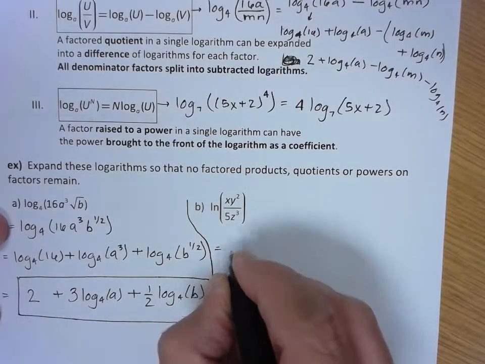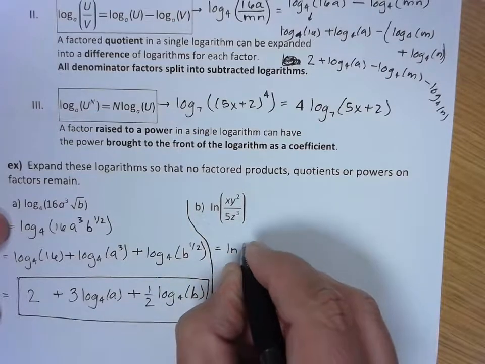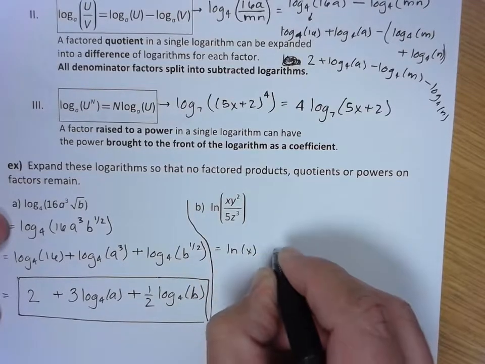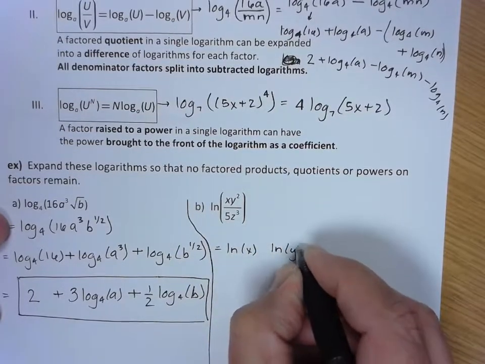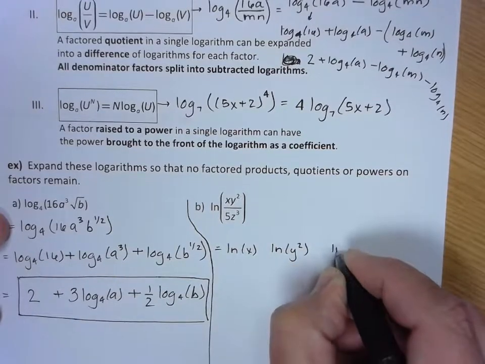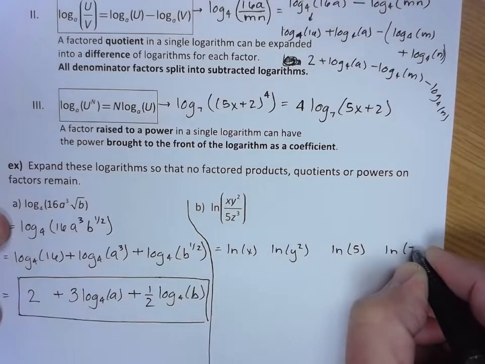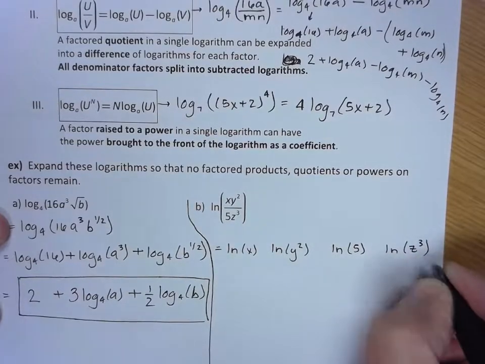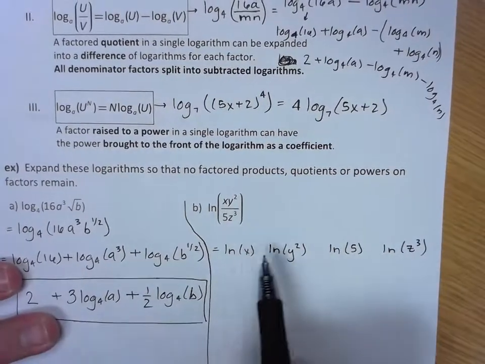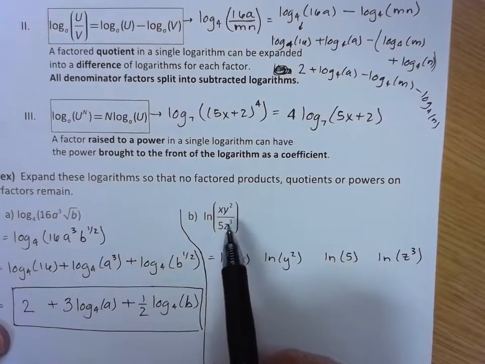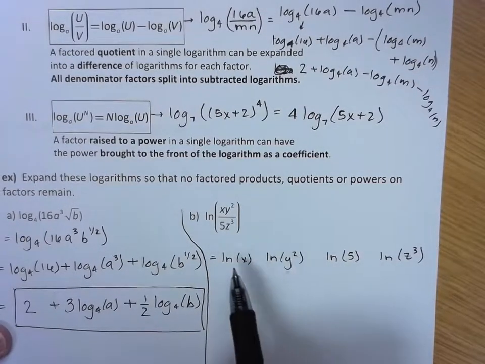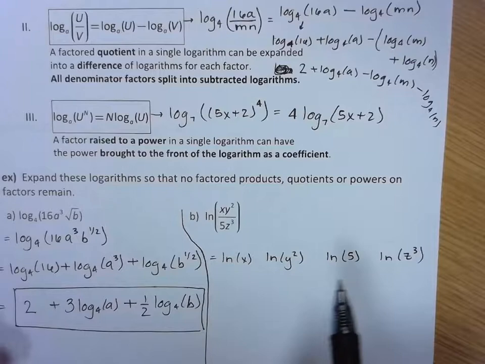So I'm going to need a natural log for the x, a natural log for the y squared, a natural log for the 5, and a natural log for the z to the third. I'm just stating what the first 2 laws tell you. How many factors you've got in the logarithm tells you how many logarithms you'll split it apart into.